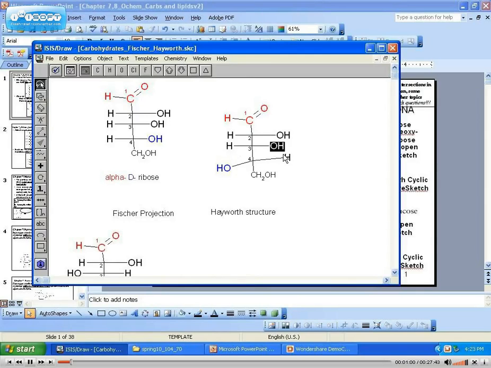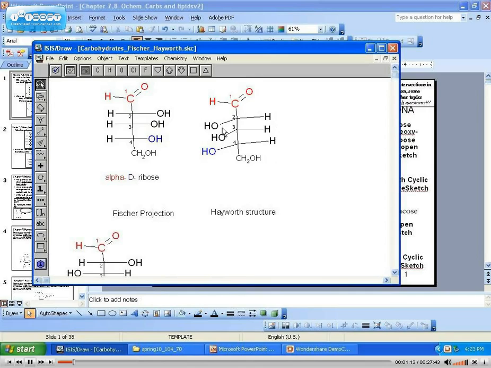It would look something like this, provided each of the hydroxyl groups were flipped. So this right here would be an example of alpha L-ribose, and we can determine whether it's D or L by the second from the bottom alcohol group, which is highlighted in blue.